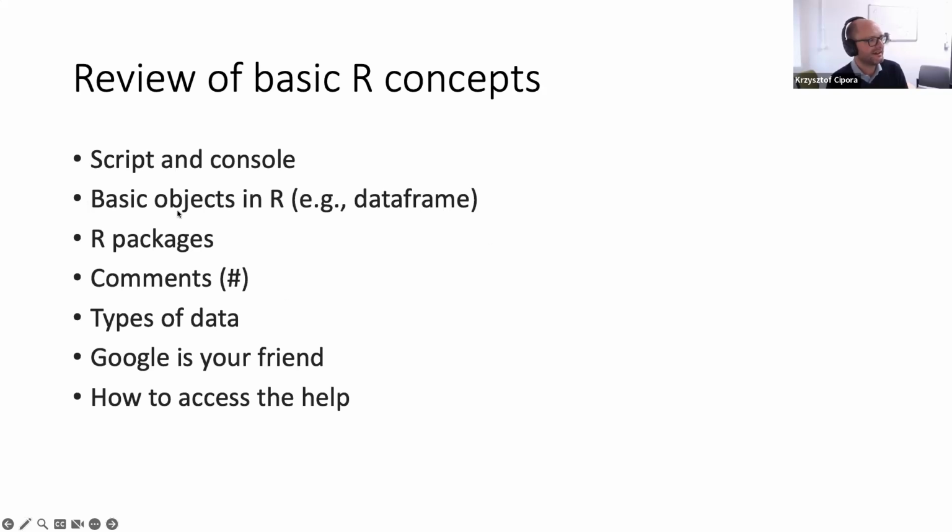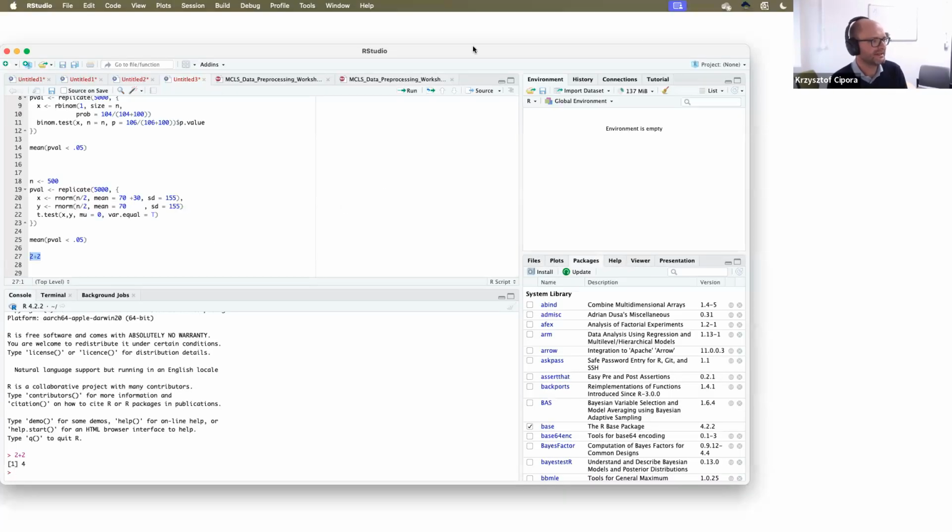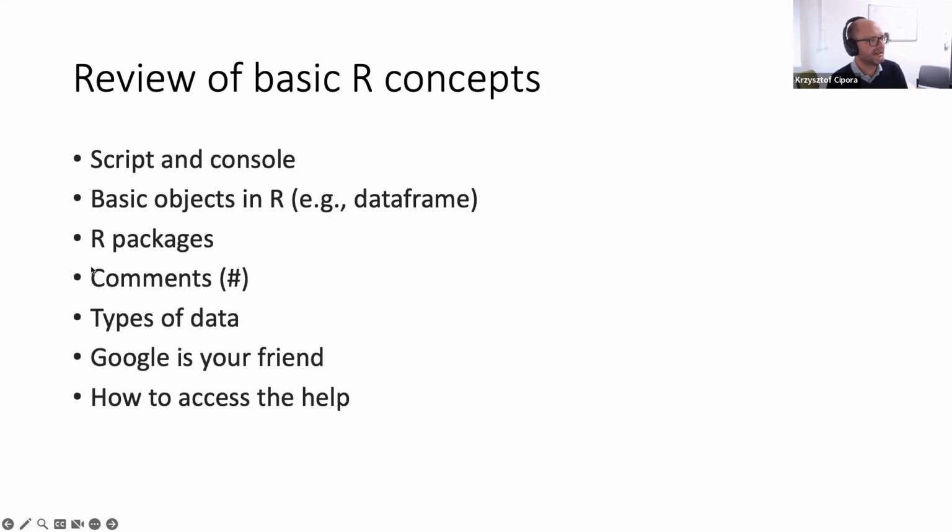Another thing, in R we have so-called objects, and each object can be, for instance, a data frame, that is a frame with data. This could be the result of our study, or the thing that we are working on. We will see it in a moment. And then what is also very cool and which makes R so versatile are packages.